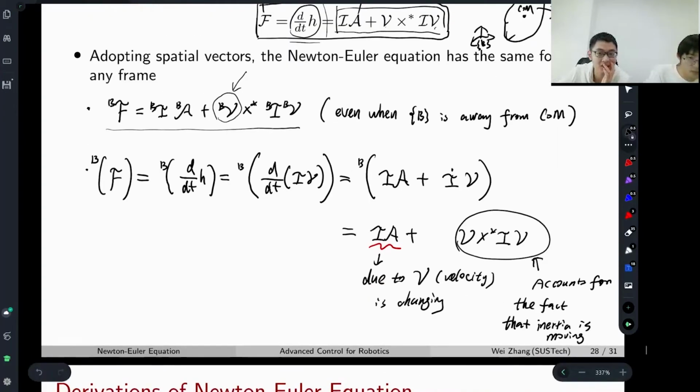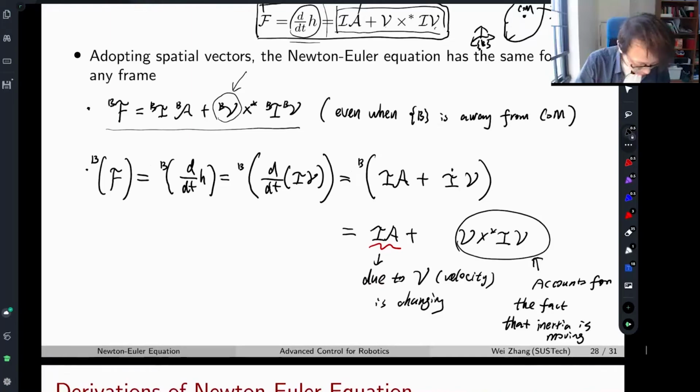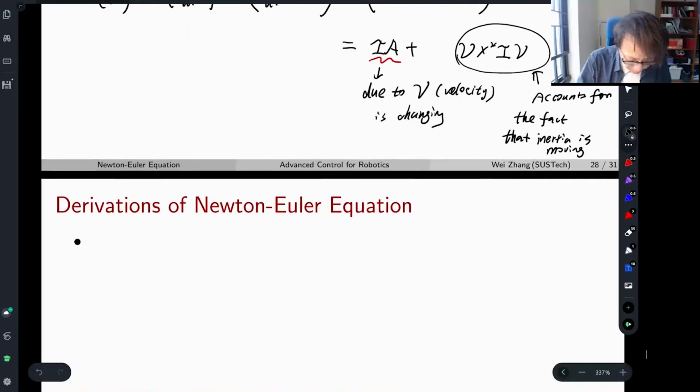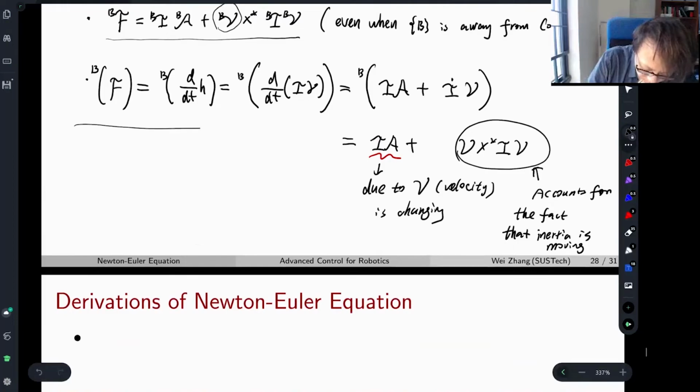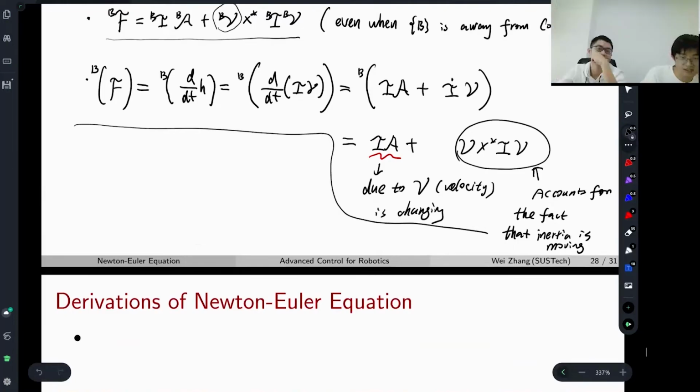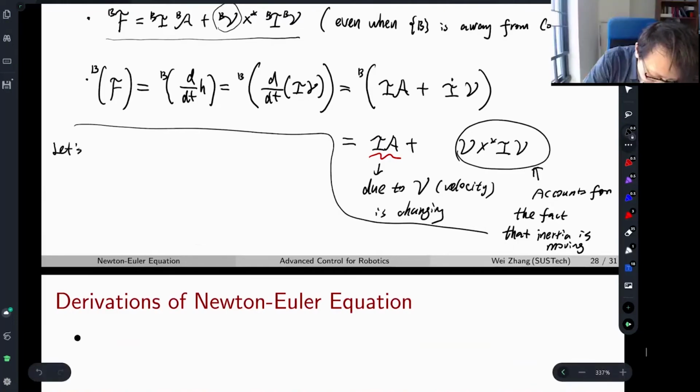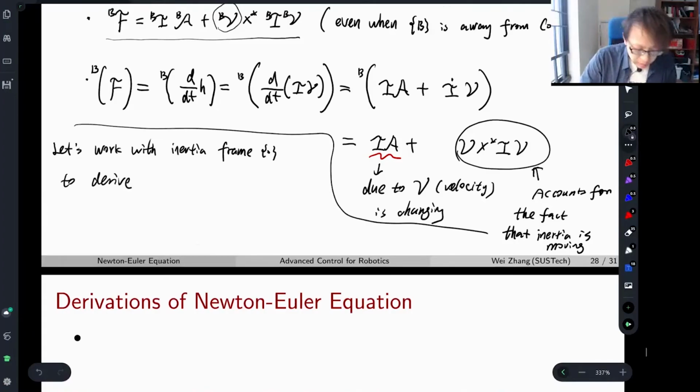Okay, how much time do I have? Let's briefly discuss why this is the case. Let's work with the inertial frame to derive the Newton-Euler equation.